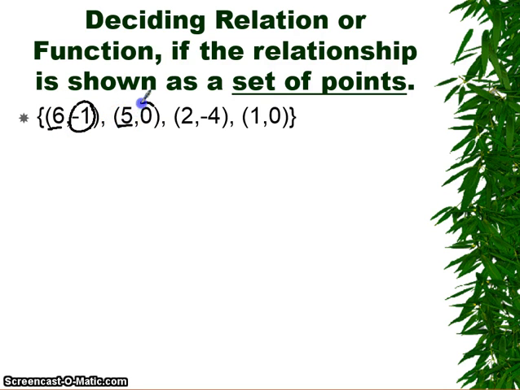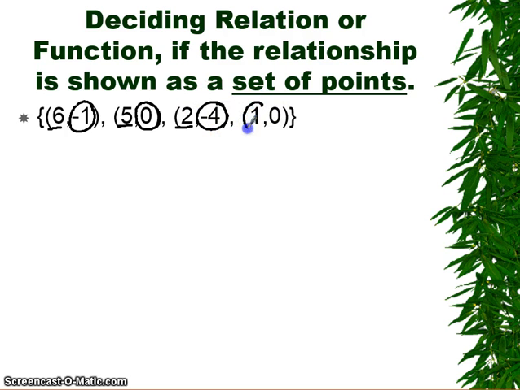Does 5 always output 0? Well, do you see any more inputs of 5? No, so that must mean that 5 always outputs 0. Does 2 always output -4? Do you see any other inputs of 2? No, so this must always output -4.